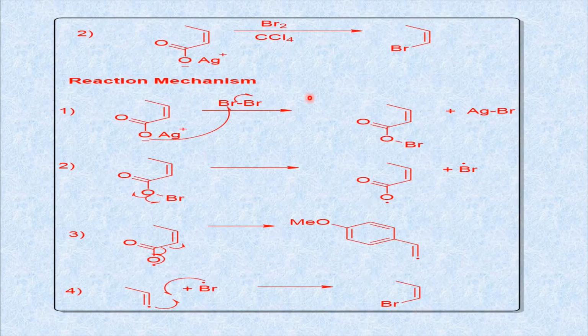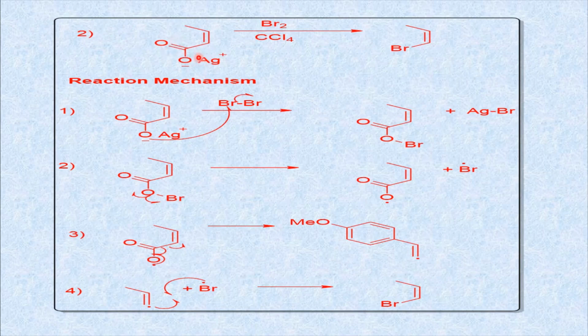So here is another example. This is a silver salt of carboxylic acid, not a sodium salt. It reacts with Br2 in the presence of CCl4.